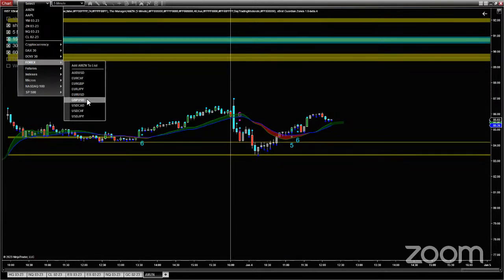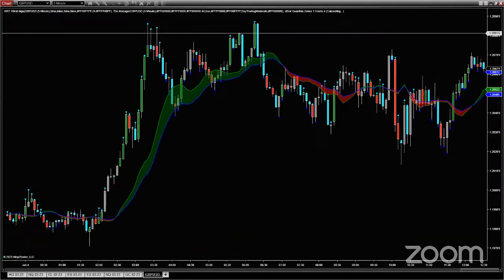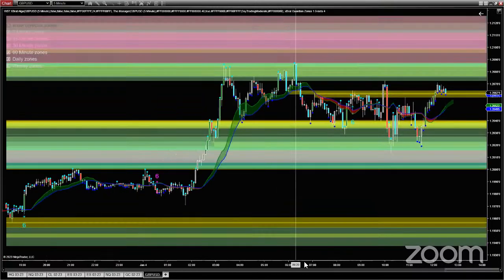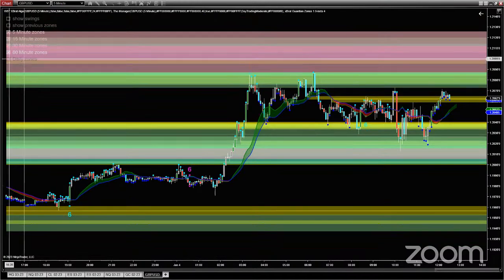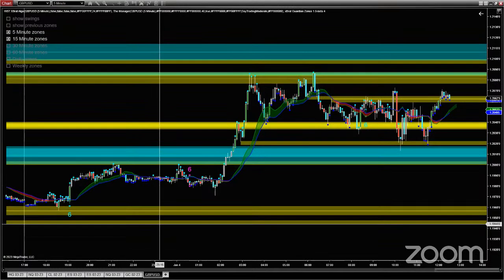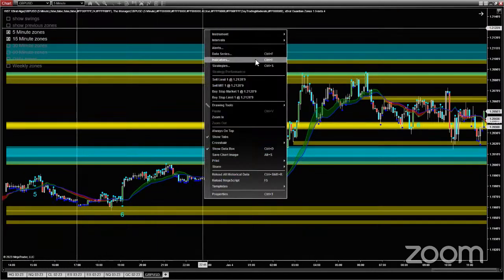Let's go to GBP USD. Let's get rid of some of those. Weekly, daily, 60 minute, even the 30 minute, that clears it up for us. We need to be on Heikin-Ashi if we're using this.